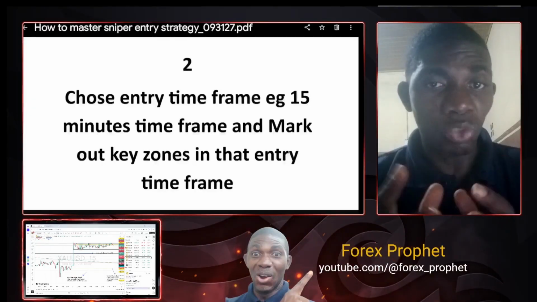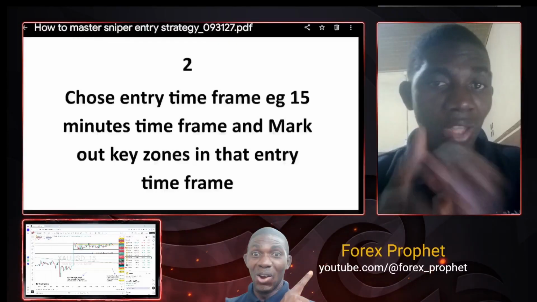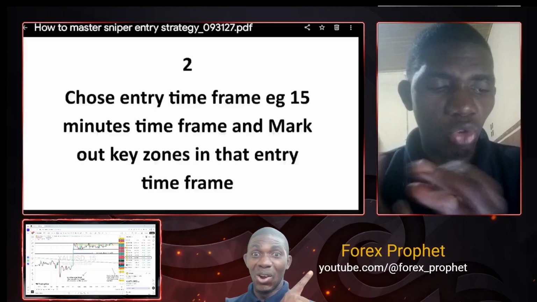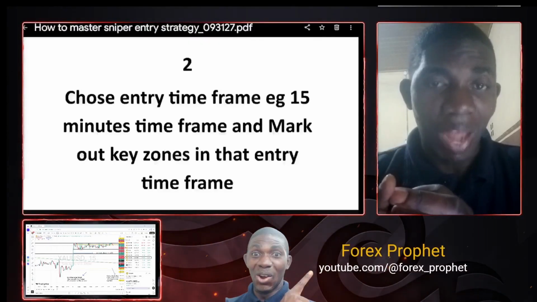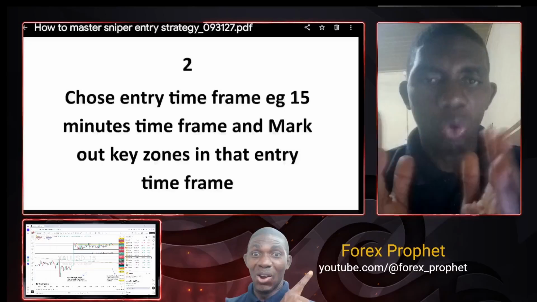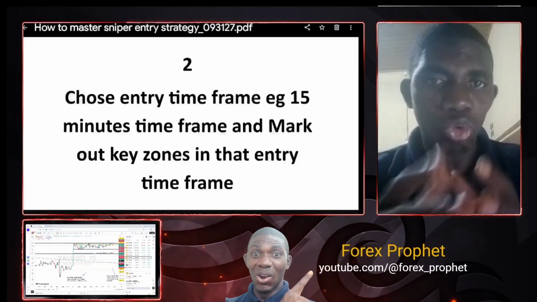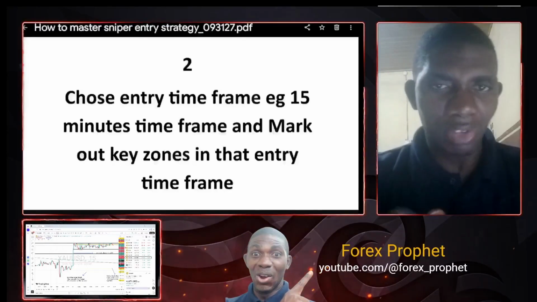Remember that your strategy is going to help you to identify valid key zones. Identify valid key zones, go and choose an entry time frame, and then remember I said you have to first of all do your top-down analysis. So you now drill down to your entry time frame. So when you have done that, you mark out the zones in your entry time frame.